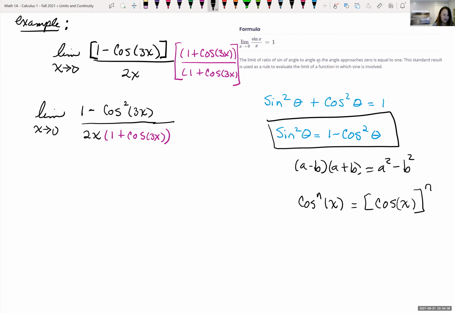And so we can rewrite our numerator as sine squared, but instead of theta, we're going to write it as 3x, all over 2x times 1 plus cosine of 3x.